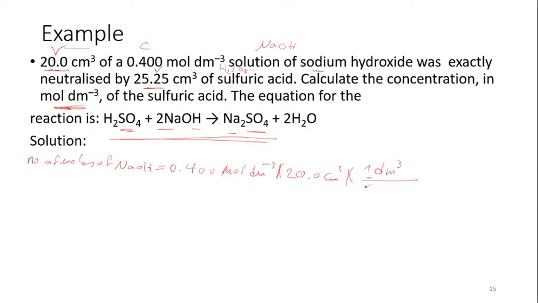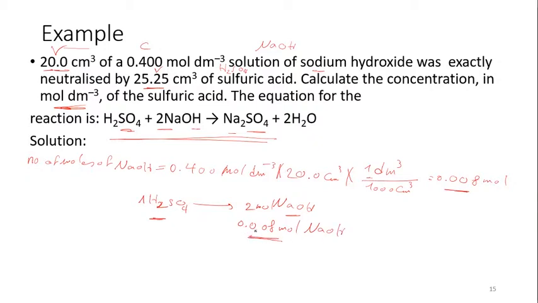So each one cubic decimeter is equal to 1000 cubic centimeter. So the answer to that would be equal to 0.0008 moles. If I know that for each 1 mole of sulfuric acid, it reacts with 2 moles of NaOH. Now I need to know how many moles of sulfuric acid are reacting, in case I have NaOH, the number of moles of NaOH is equal to 0.008.